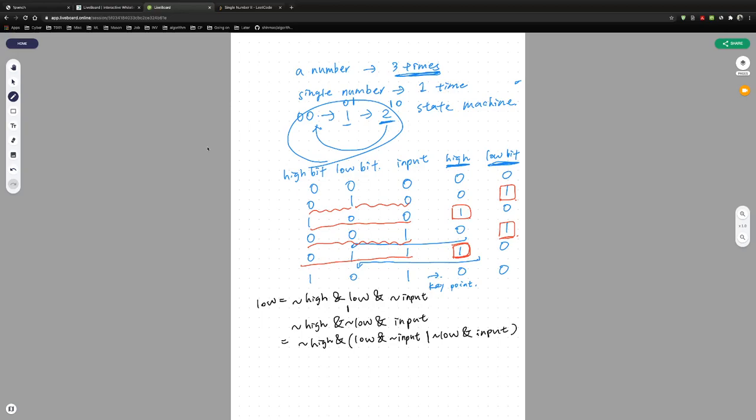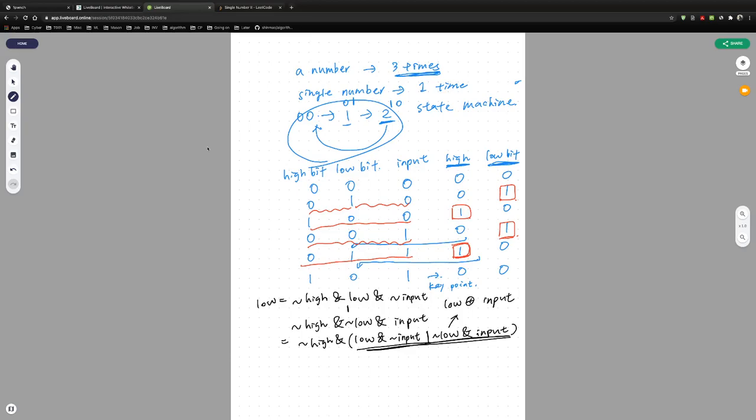In fact, you can find that this means low bit XOR input bit. So we have our low bit result: reverse high bit and low bit XOR input bit.